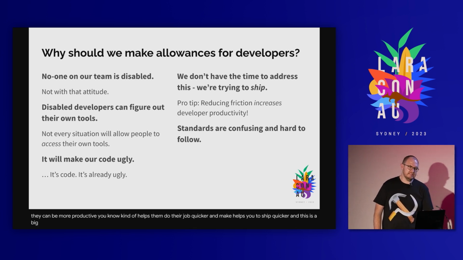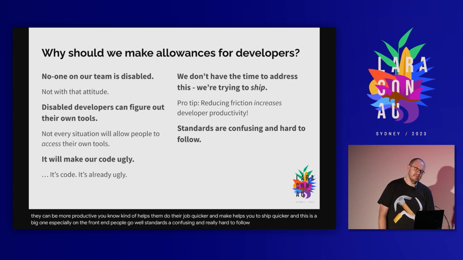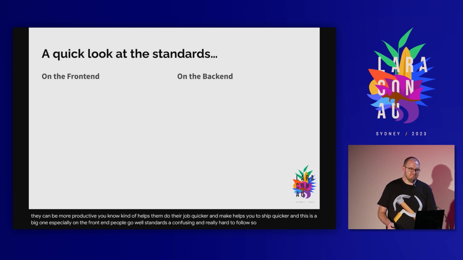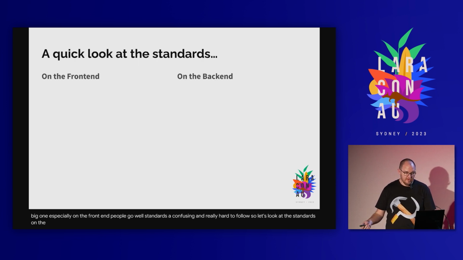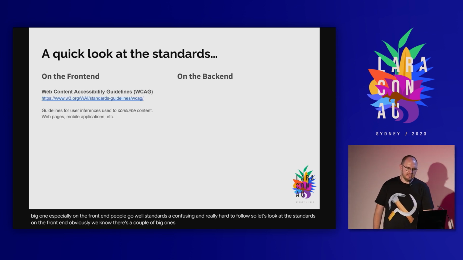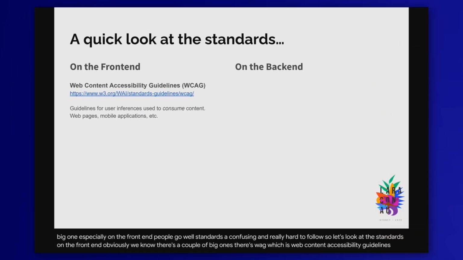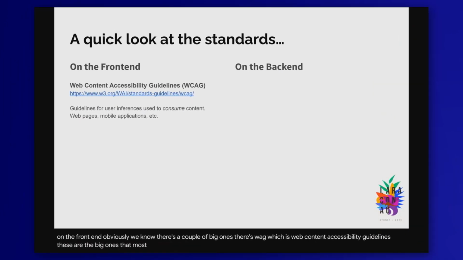And this is a big one, especially on the front end. People go, well, standards are confusing and really hard to follow. So let's look at the standards. On the front end, obviously, we know there's a couple of big ones. There's WCAG, which is Web Content Accessibility Guidelines. These are the big ones that most people know about.